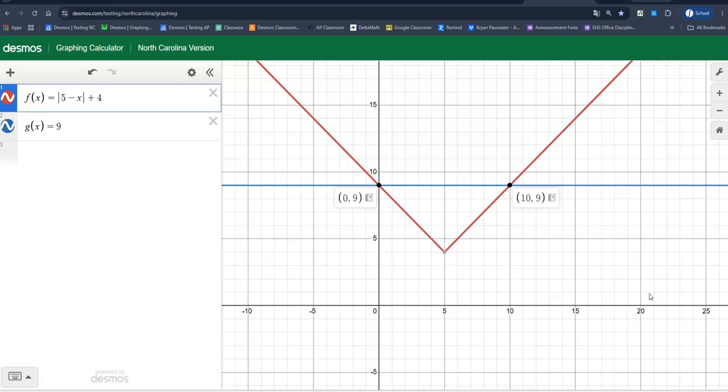All right, now I know I need the numbers 0 and 10. What I don't know, let's say this is multiple choice. Let's say A is 0 less than or equal to x less than or equal to 10. And let's say B is x is less than or equal to 0 or x is greater than or equal to 10.